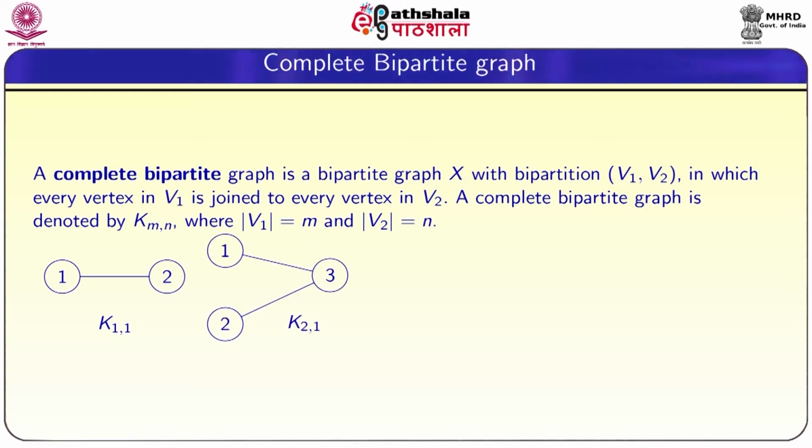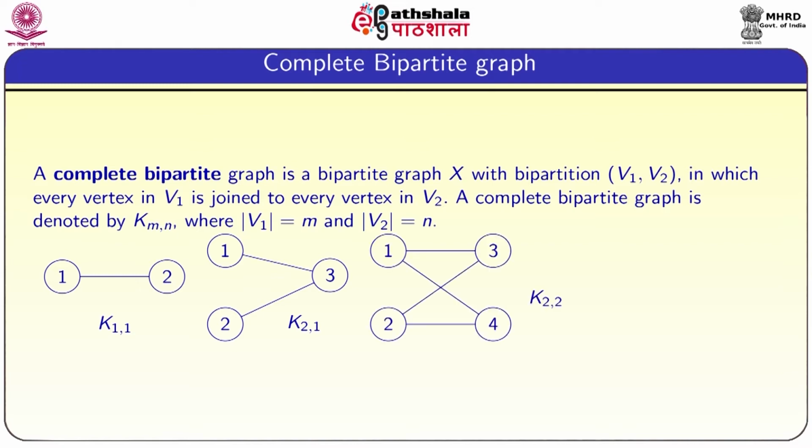And K(2,1), that is V1 contains two vertices 1 and 2 and V2 contains only one vertex. If you look here, there is an edge from every vertex in V1 to every vertex in V2. And K(2,2) is V1 becomes 1, 2 and V2 contains 3, 4. There is an edge from 1 to 3 as well as 1 to 4, and an edge from 2 to 3 and 2 to 4.